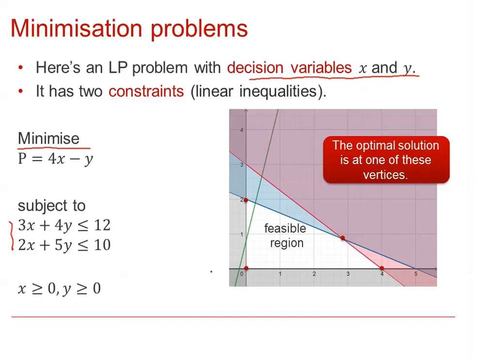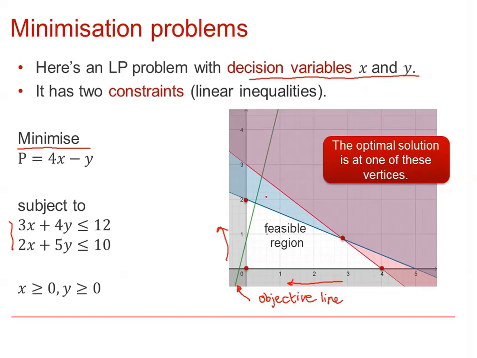So as we can see in this diagram, we know that the optimal solution is at one of these four vertices, and this line in green is the objective line. We can see that as x gets smaller and y gets bigger, P decreases.